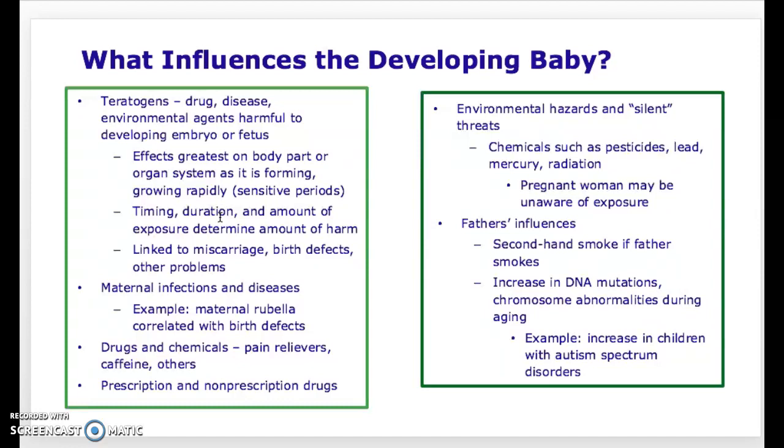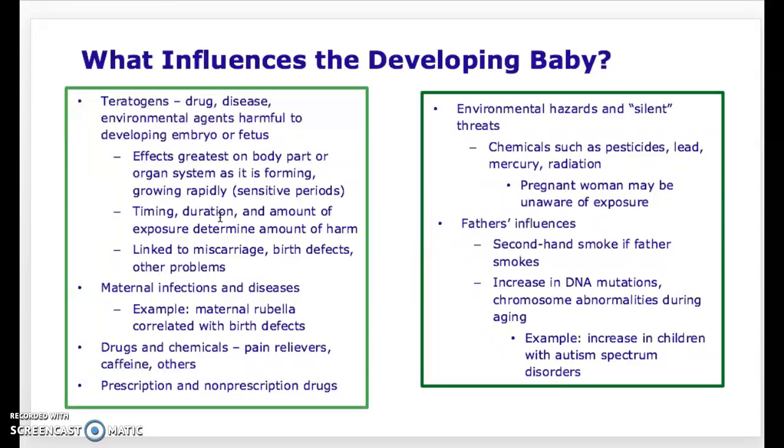And it really can impact, especially in the early stages of prenatal development, when we're talking about body part or organ system development. So when you see a child who is born without part of their arm, or that might have problems with their heart, that can be because of an interaction between the genetic makeup of the parents and the environment around them. It doesn't always happen, but sometimes it does.